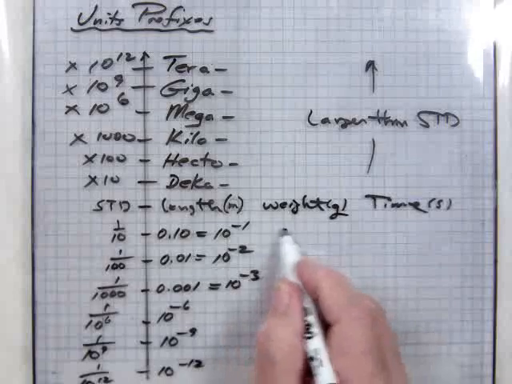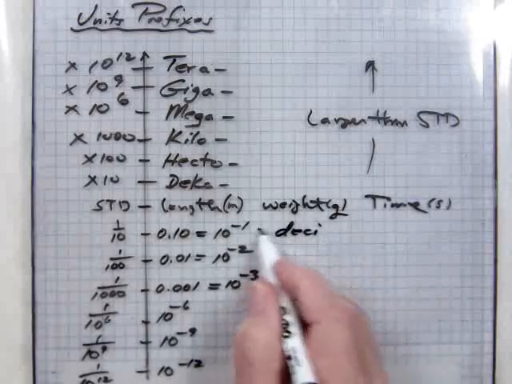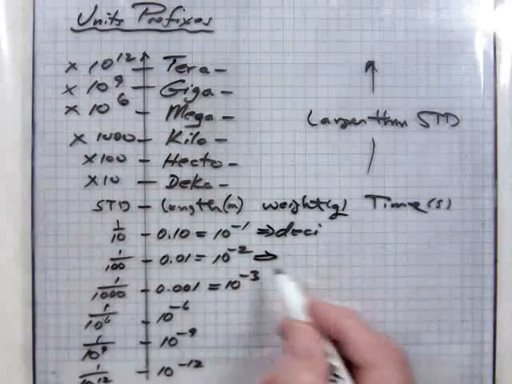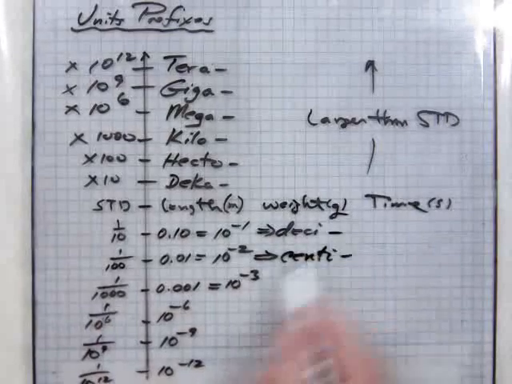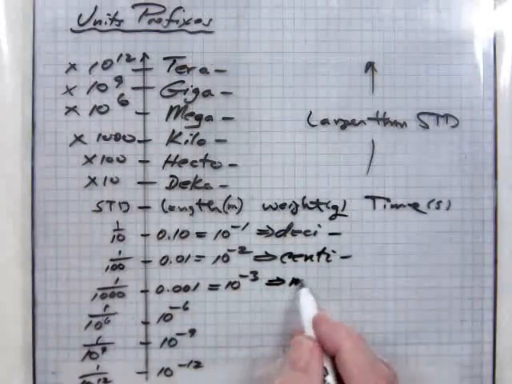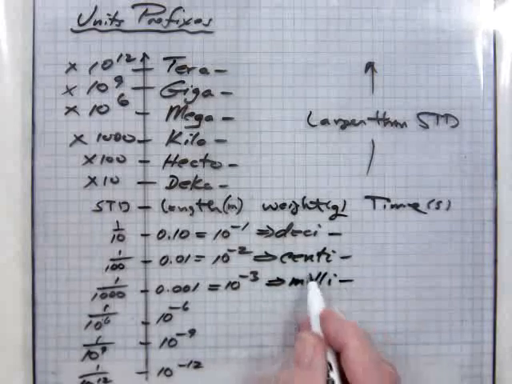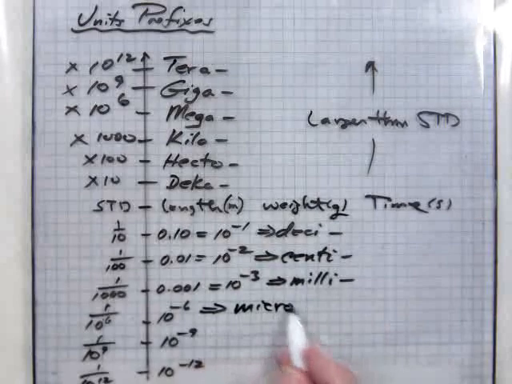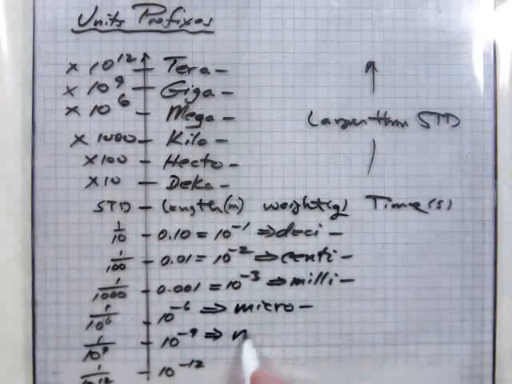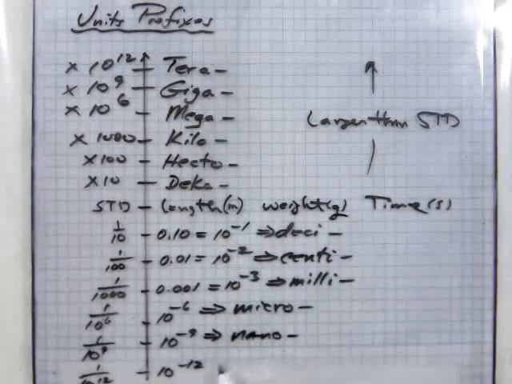And this is deci. This is centi. This is milli, as we know it. This is micro, nano, and pico.